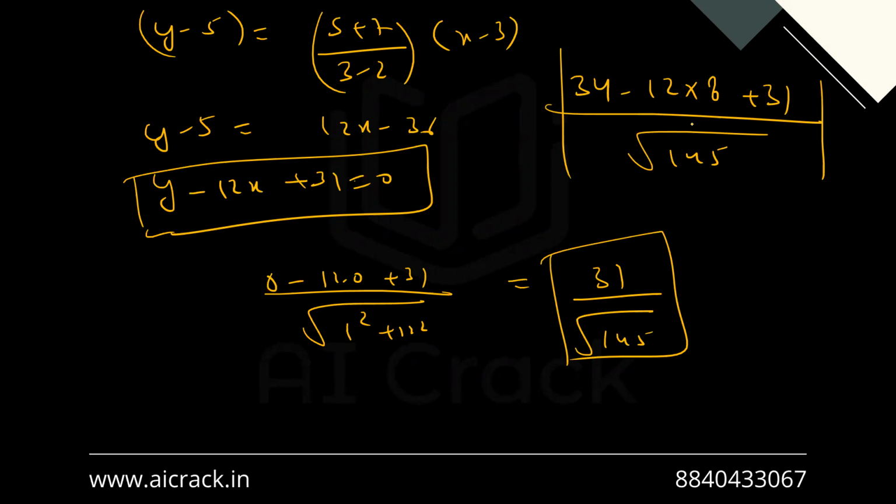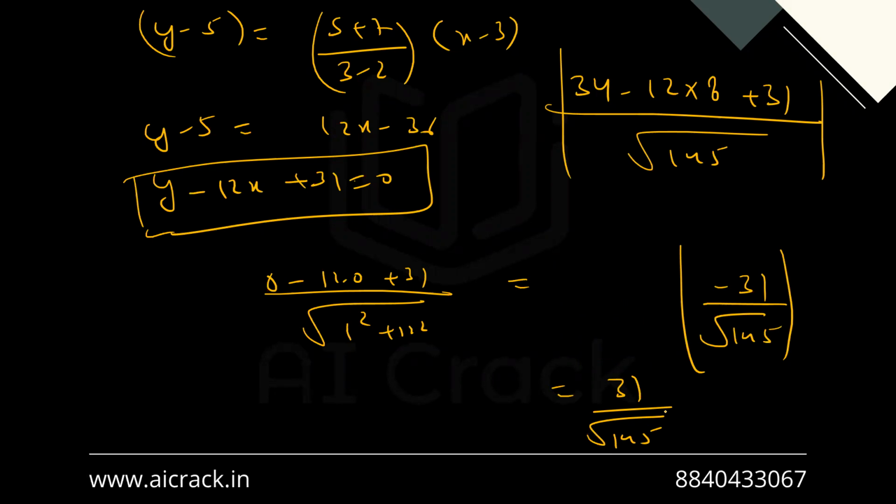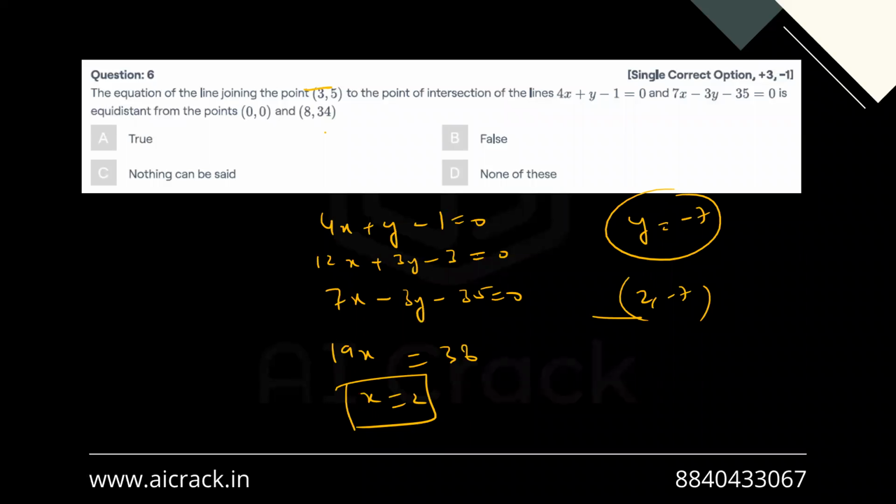So 12 into 8 is 96, right? That would be 34 minus 96, and plus 31, so that again comes out to be |-31| divided by root 145. So that actually comes out to be 31 divided by root 145. So both the distances are actually equal. So the answer would be true.